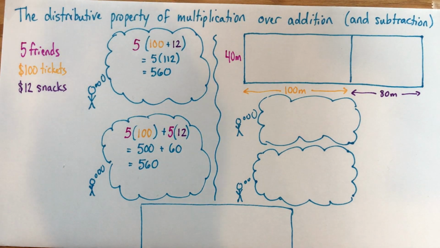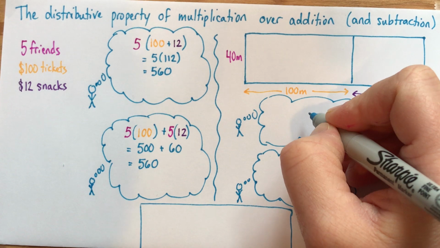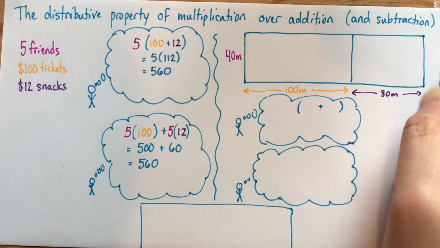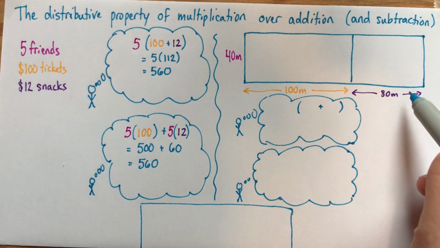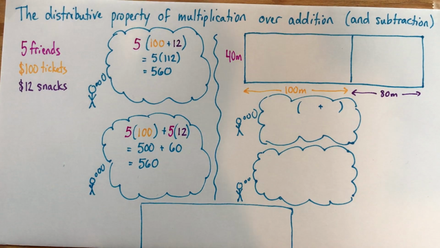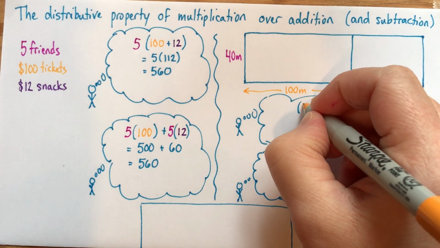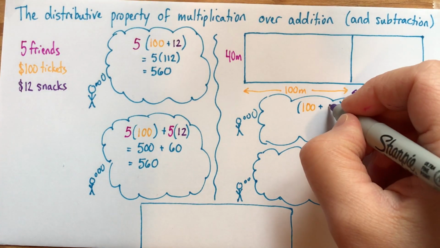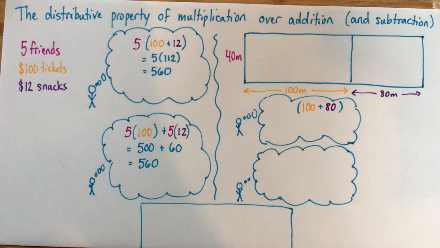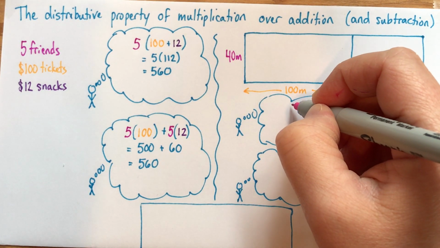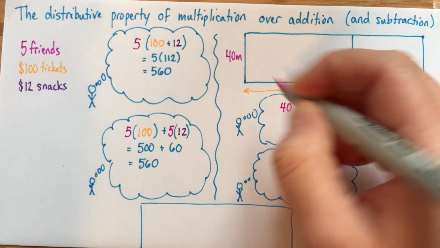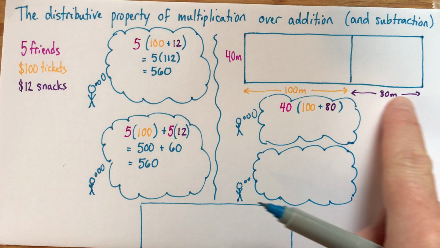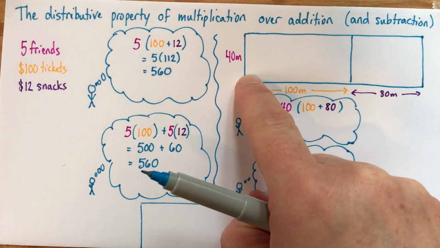So, stick person number 1 thinks, well, first what I'm going to do is just treat this like one big rectangle here. I'm going to do 100 plus 80. And then once I've got that figured out, I'll multiply it by 40. So we're treating this like one large rectangle, 100 plus 80 for the total length, and then the width is 40.